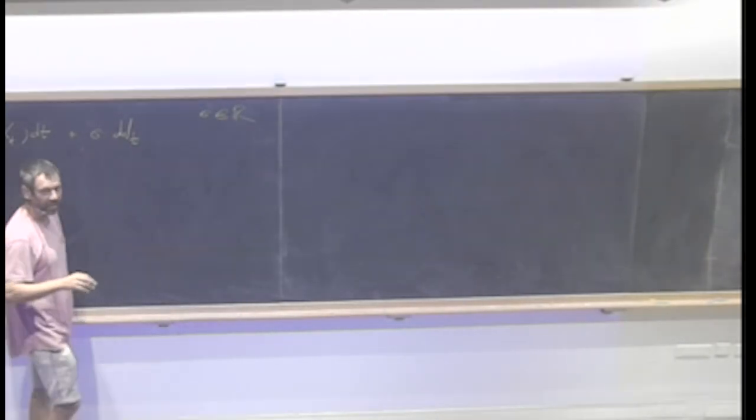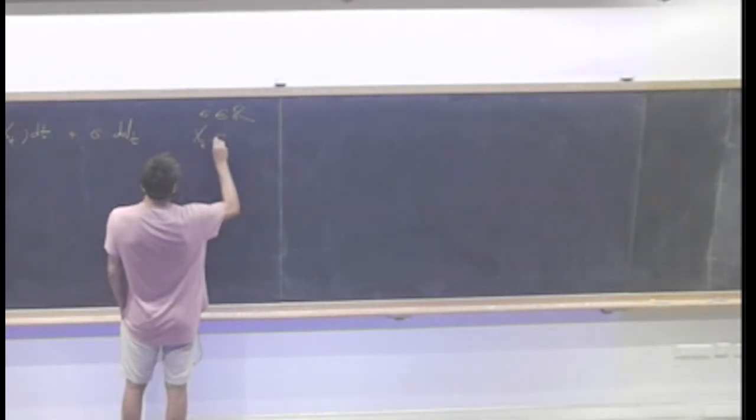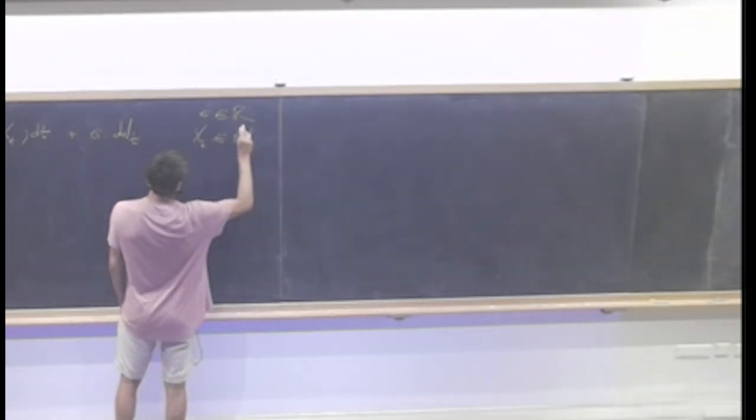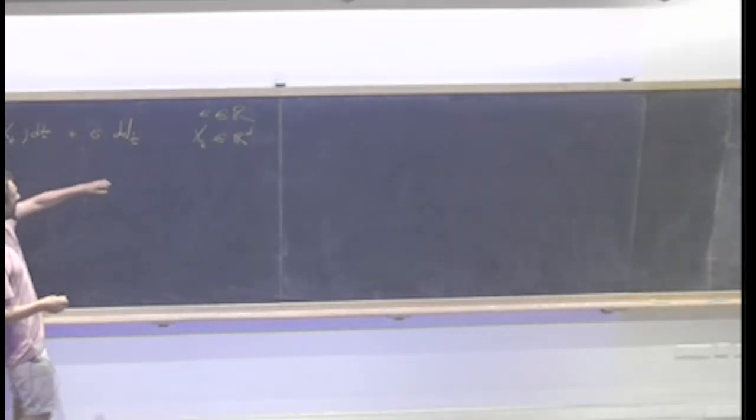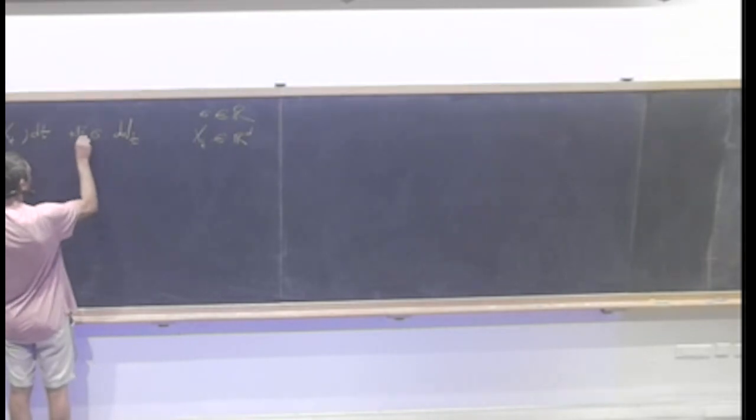It's simply to make the notation simpler. Xt will be a vector in Rd, and more generally you could consider this in a Hilbert space, but we'll do that later. This is the Wiener process, and then I'll add a square root of 2 here. This is to avoid having to drag on factor 1/2 later on.